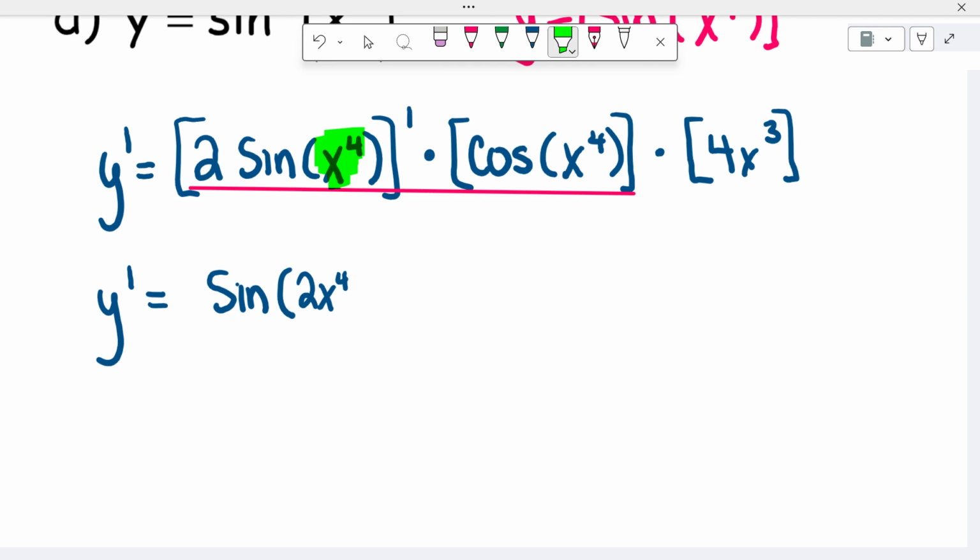So then it's 2 times whatever that is. So then it's just 2x to the 4. And then we have a 4x cubed still left over. So I want to put that at the beginning. So 4x cubed. And that's nicely simplified.